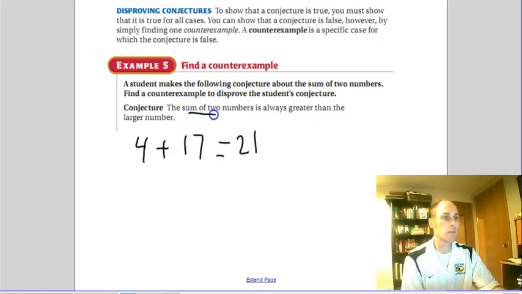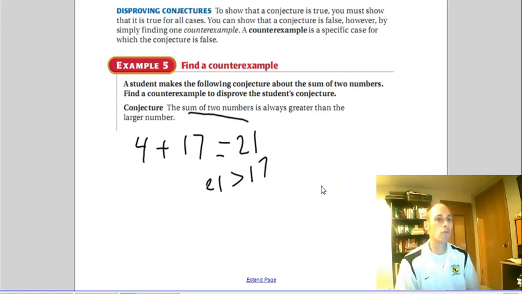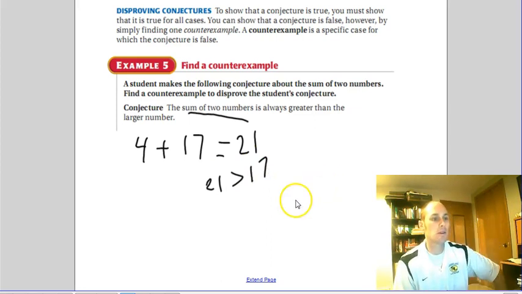We're saying the sum of those two numbers is greater than the larger number. So is 21 greater than the larger number, which is 17? That is true. Does that work in that case? Can you find a counterexample, one that doesn't work in that instance? Go ahead and pause it and see if you can come up with one.